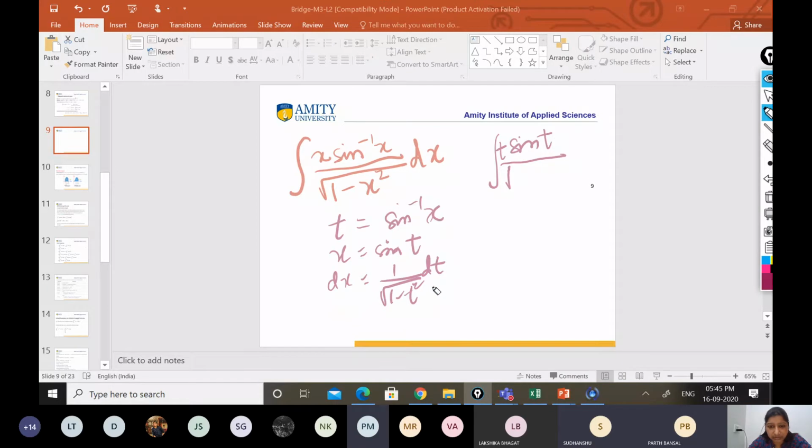Yes, we will take dt by dx. You put t is equal to sin inverse x, right? Yes, ma'am. Then we differentiate t, dt by dx. This step will not come; it will be after that. Yes, you have to correct this step. Then we calculate the value of dt and then we... Okay, this step.